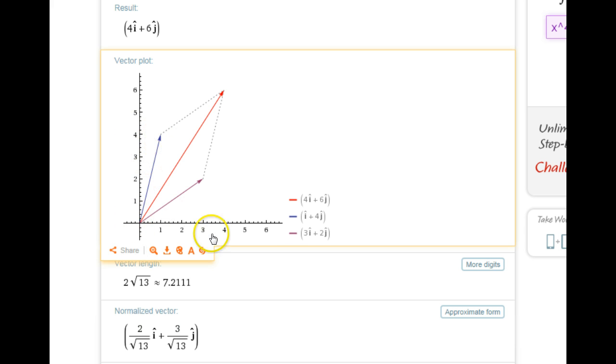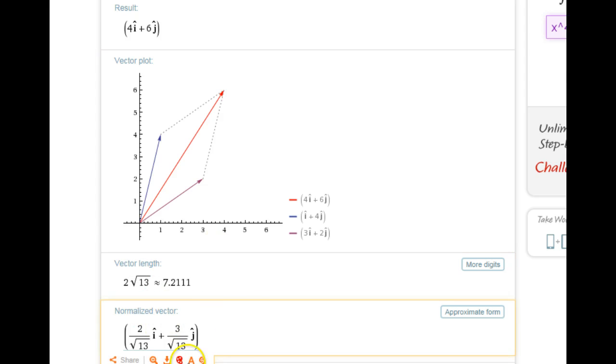And then 3i plus 2j, so 3i means going in 3 in the direction of the i vector, and then plus 2j, so that brings us up to here. So here's our i plus 4j, here's our 3i plus 2j. And we make a parallelogram and draw a vector from where the tails come together to the other end of the parallelogram. And that's our 4i plus 6j.